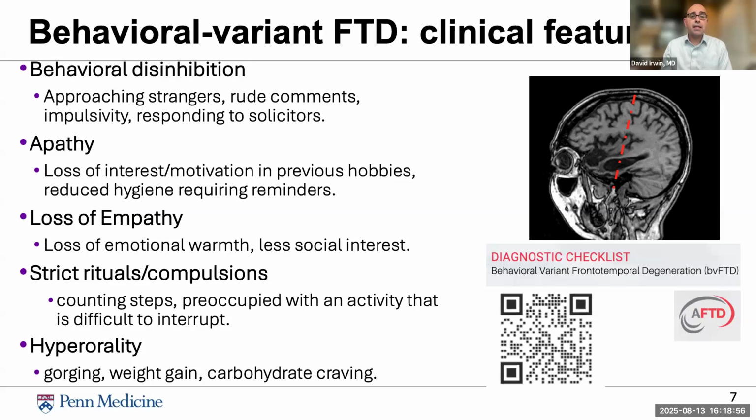And hyperorality: engaging in increased intake of food in a compulsive manner, craving specific types of food, particularly carbohydrates or high-fat foods, and this can result in rapid weight gain and also risk of metabolic syndrome.